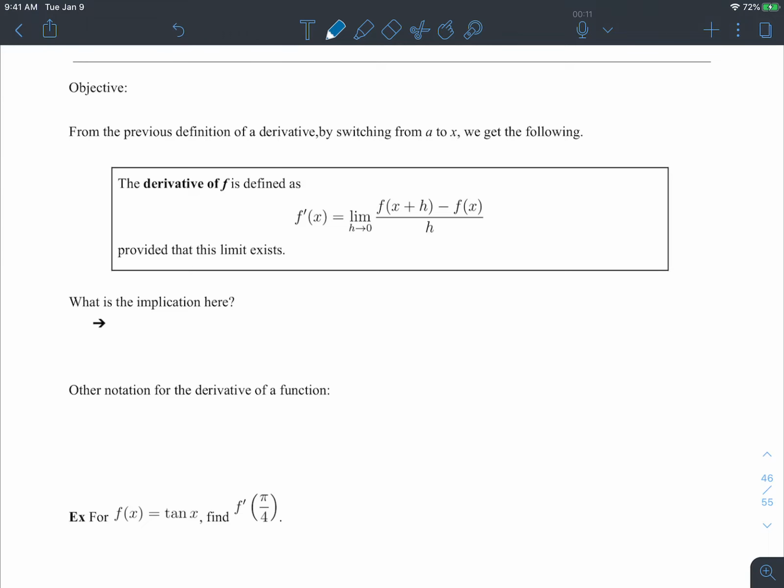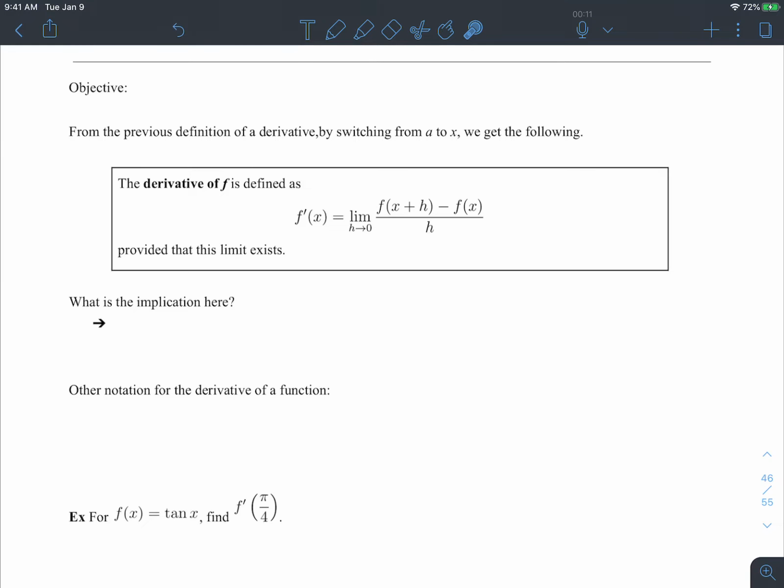Okay, so continuing from the previous lesson, all we did over here, guys, is we switched the letter a to x. Hence, the derivative of f is defined as f prime of x, the limit as h goes to 0 of f of x plus h minus f of x. Now, what is the implication here, guys? What is the implication of doing it in terms of x rather than using the letter a?